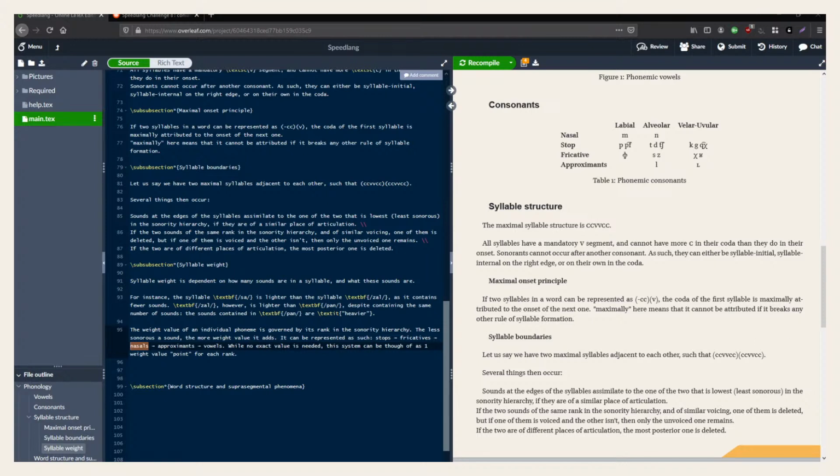So let's go with the rest. What does weight value do? It is going to trigger suprasegmental phenomena. So let's go with that. What's a suprasegmental phenomenon?